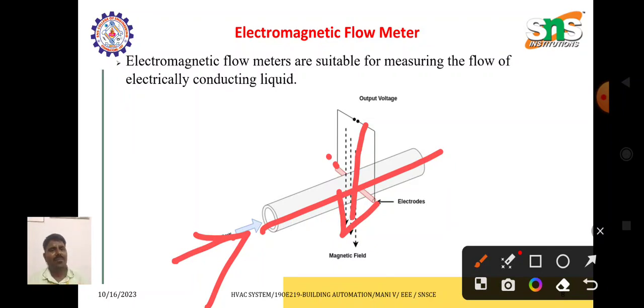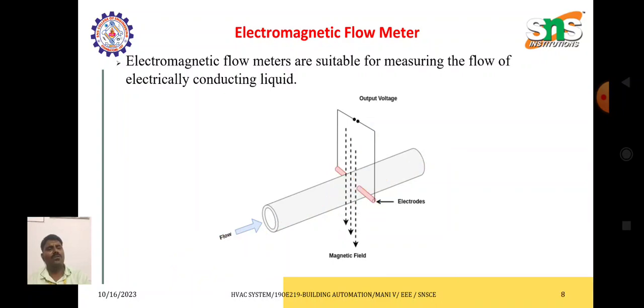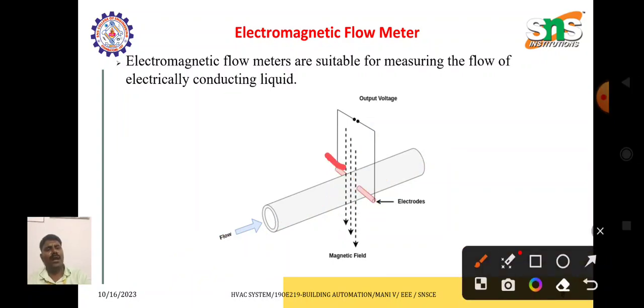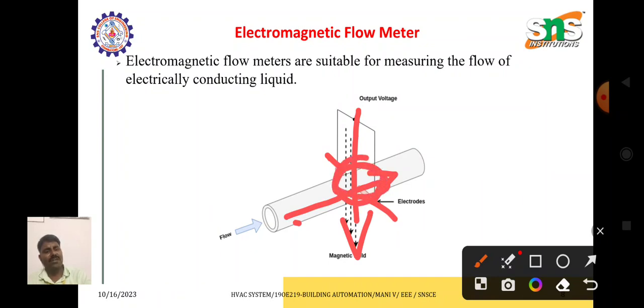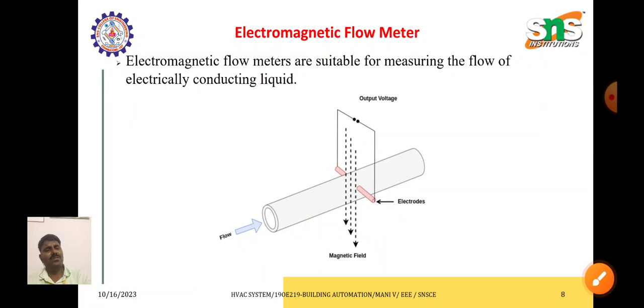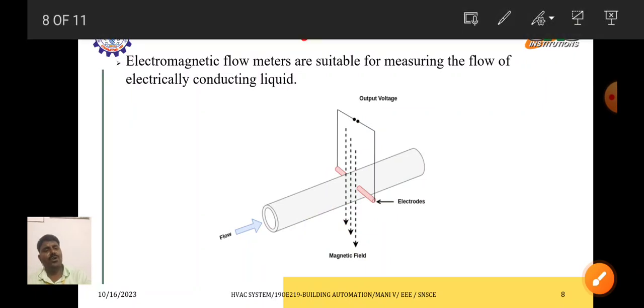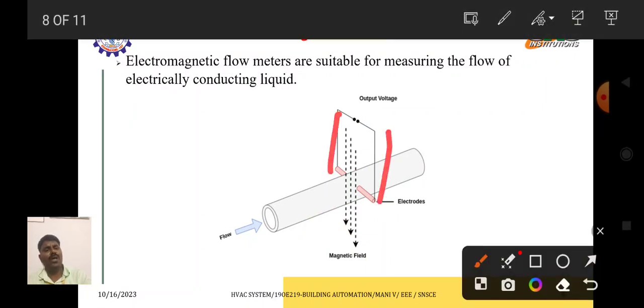We keep two electrodes across the pipeline and pass the electromagnetic field. Because of the flow of fluid, there is a distortion in the flux, and because of this distortion we measure the voltage across the electrodes. The measured output voltage can be converted into the flow rate.